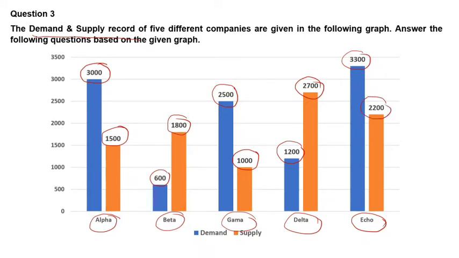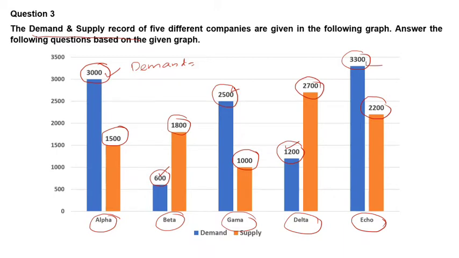So here you can see what is the total demand and what is the total supply? So demand total, let us write that for students. What is the demand total? Here you have 3000, then here 600, 2500, 1200 and 3300.